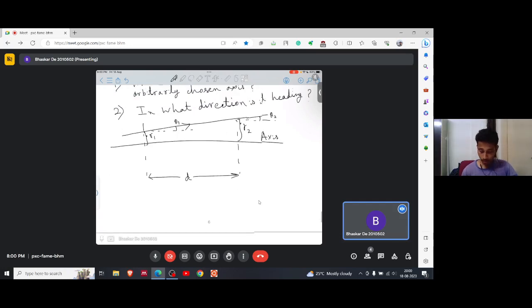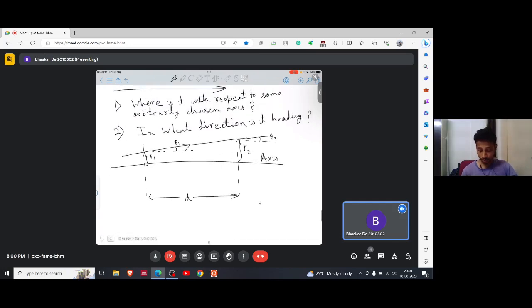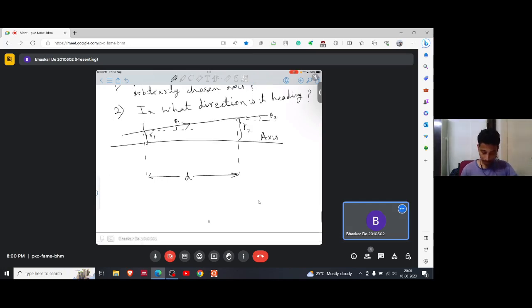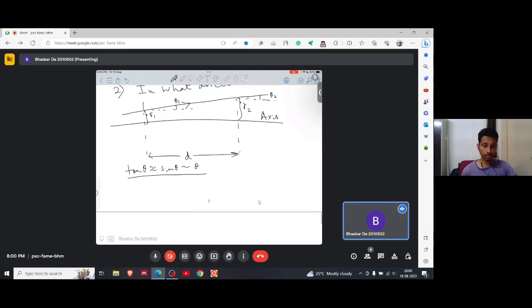One thing we need to assume here is that we are talking about a laser, so theta 1 and theta 2 are all very small, so we can say that tan theta is equivalent to sine theta, equal to theta. This is the approximation we can make, because we are talking about a beam which has high directionality.